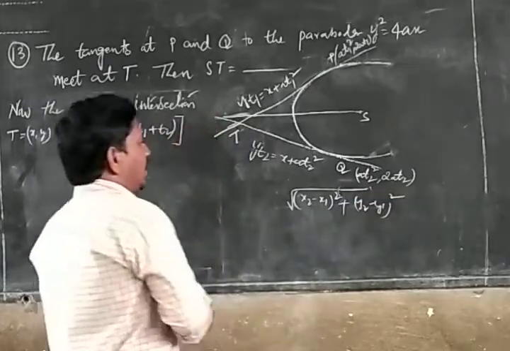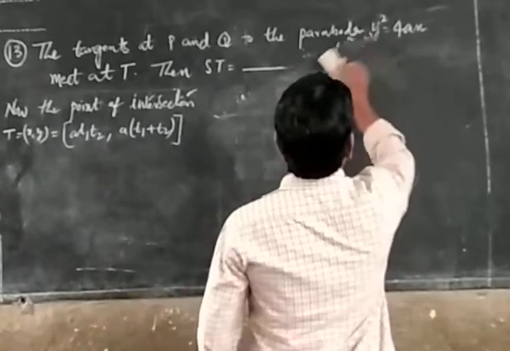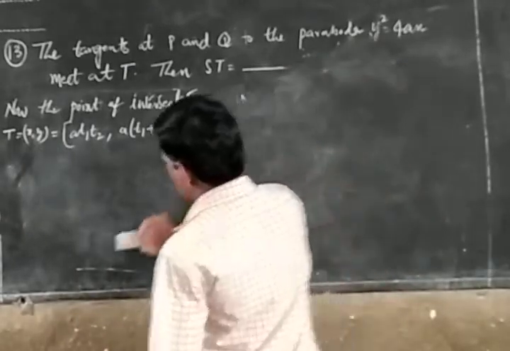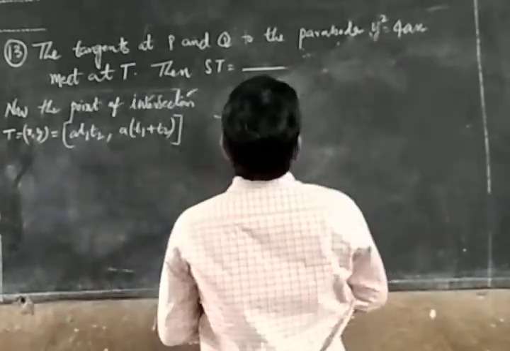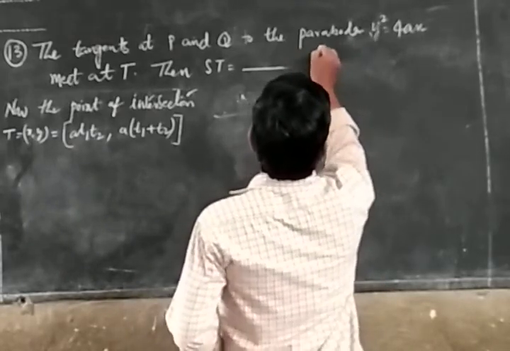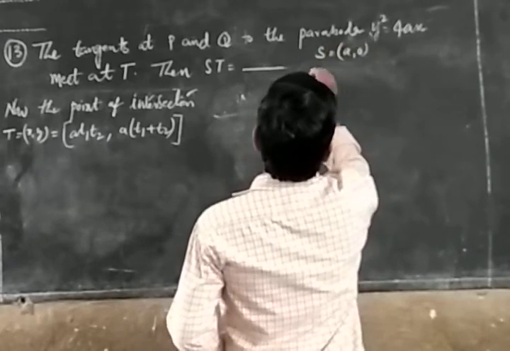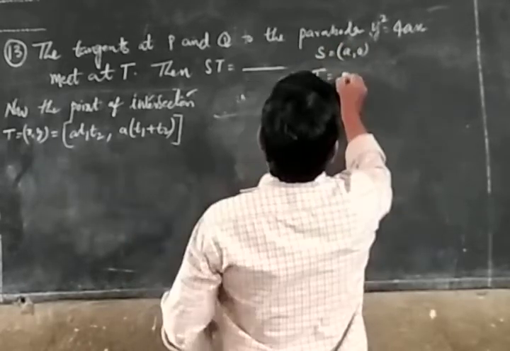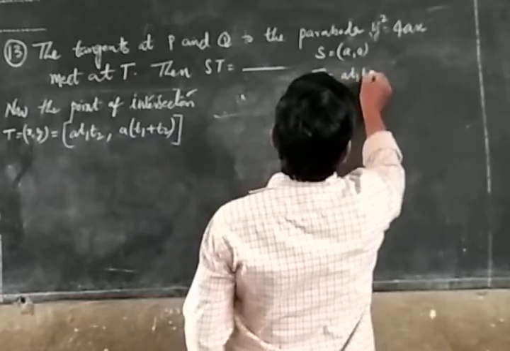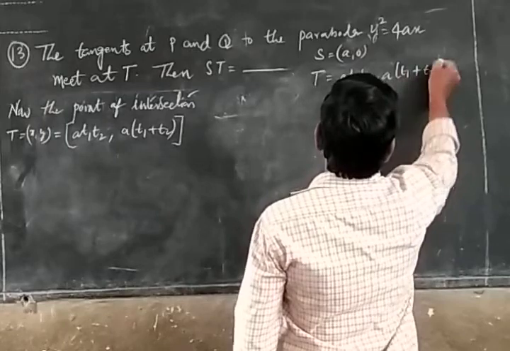We know that. Now here write S equal to a comma 0. We know that T equal to a t1 t2 comma a into t1 plus t2.